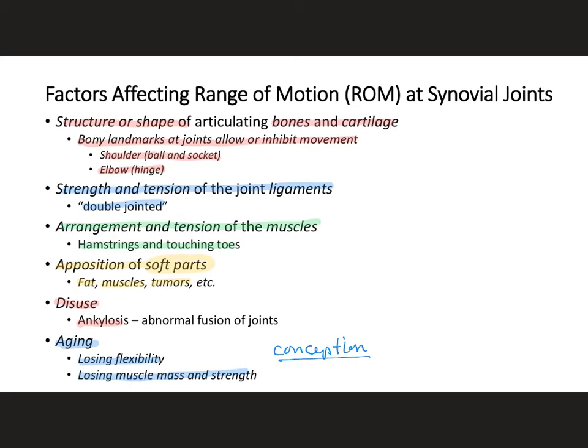From the time you're conceived all the way until the time you die, you go through different age ranges and you have certain expectations in the formation of the bone and the movement of the bone and the ligaments and all the associated parts. So please remember these 6 different factors affecting range of motion. And don't forget, aging is from conception on.